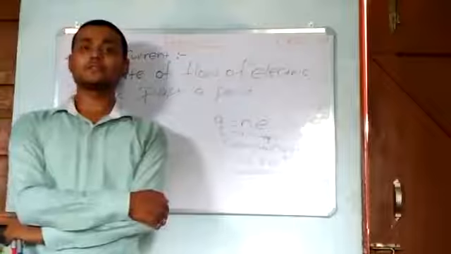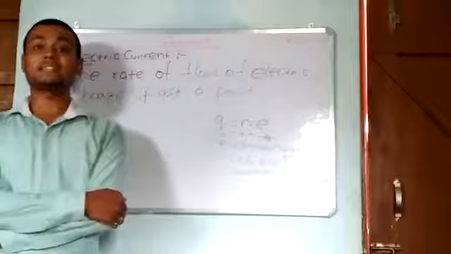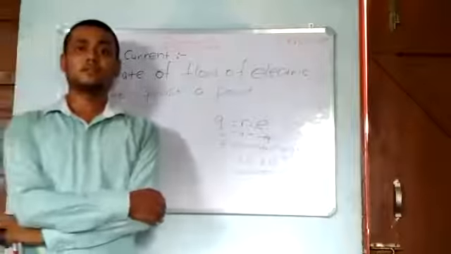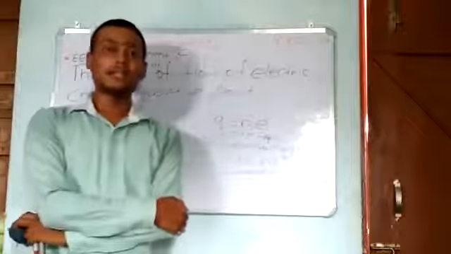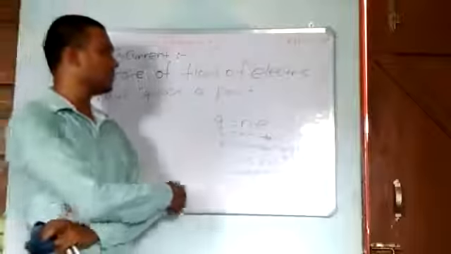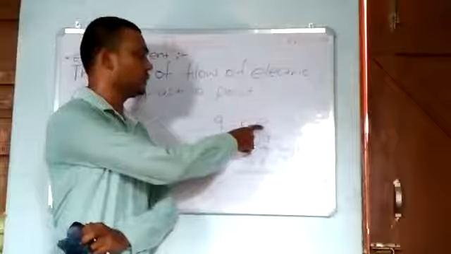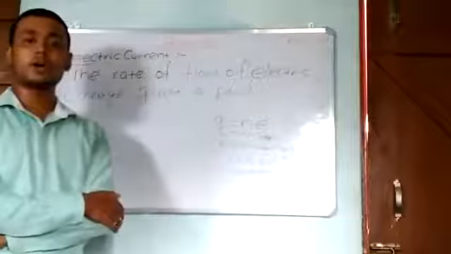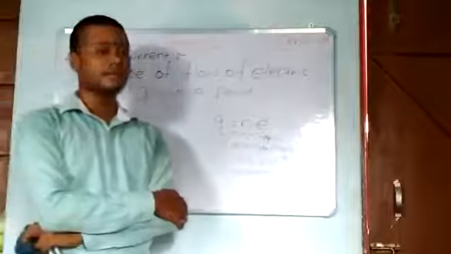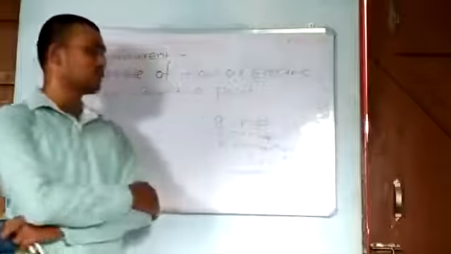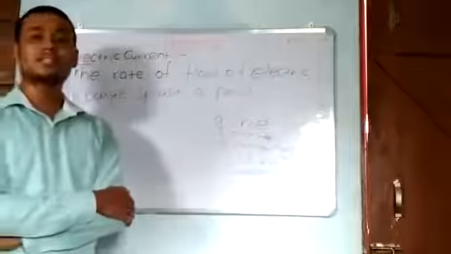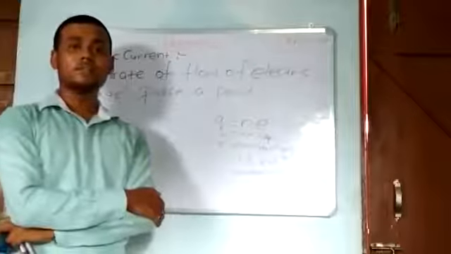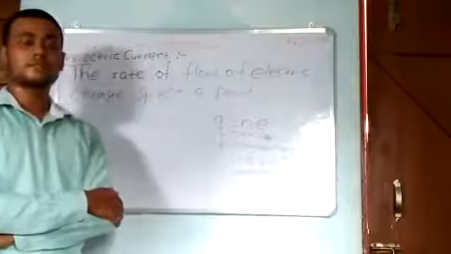Electric charge is equal to N into E, where N is a positive or negative integer and E is the electronic charge. We will discuss electronic charge.